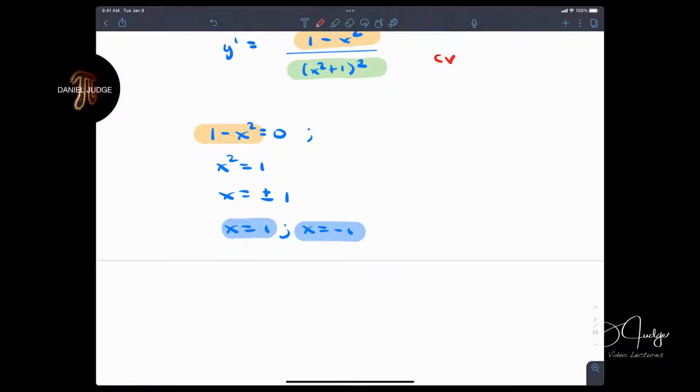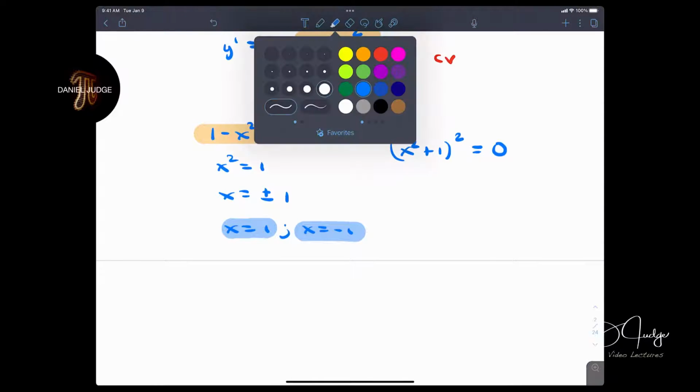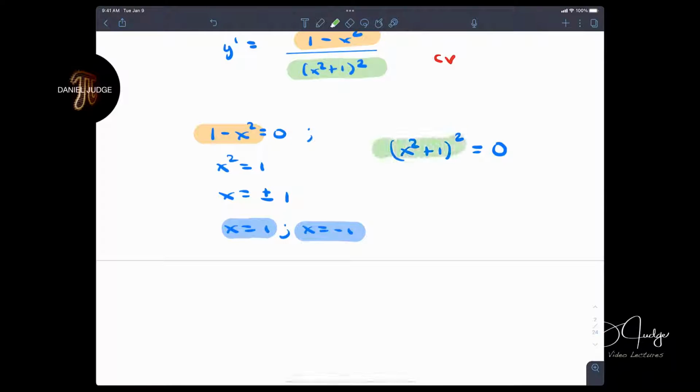The denominator equal to 0 now. Of x squared plus 1 squared, we set this equal to 0. This is that denominator. We're going to find where the derivative does not exist.